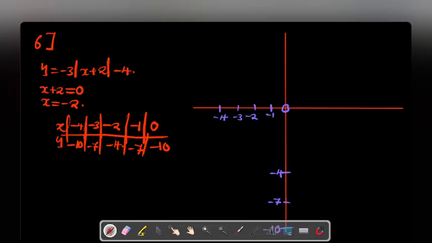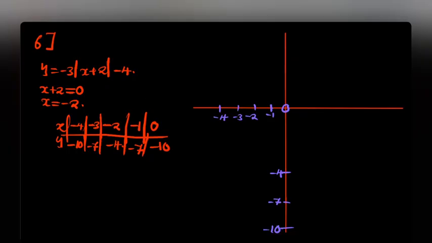So we have negative 4 comma negative 10. So the point will be somewhere there. Then we have negative 3 comma negative 7, we have a point there.